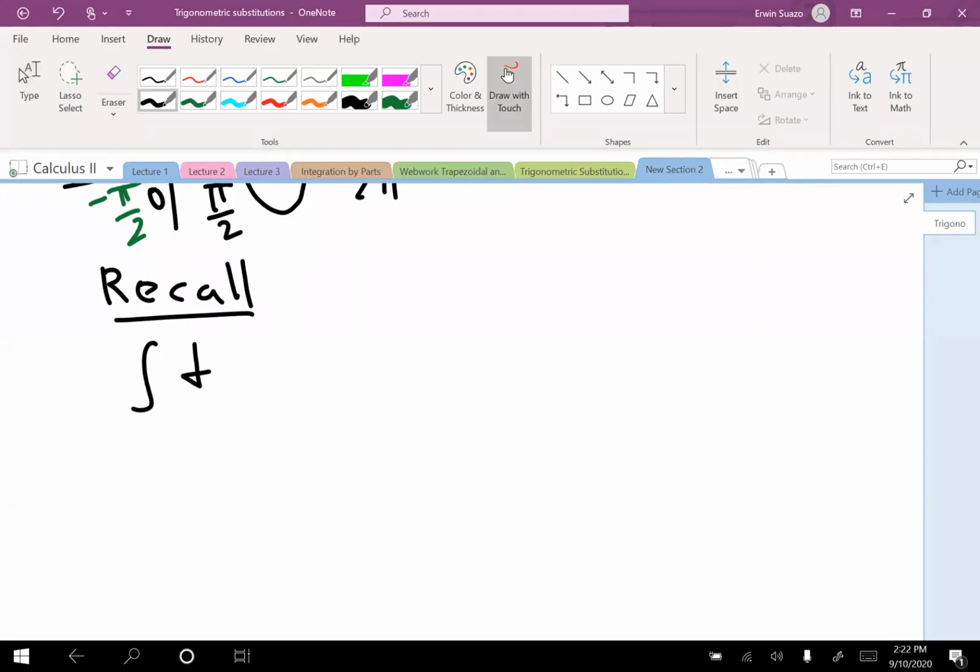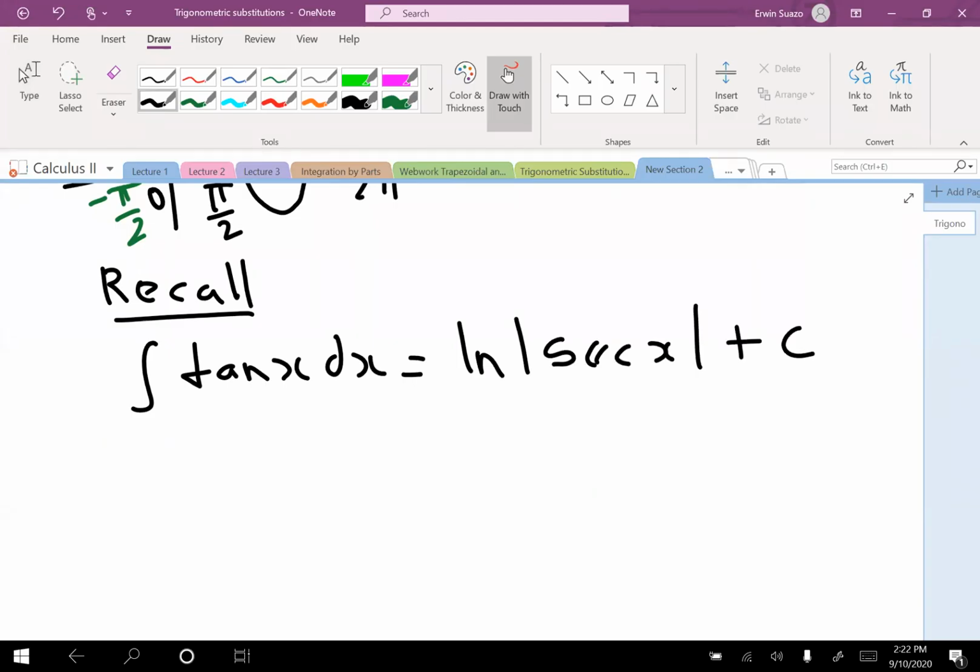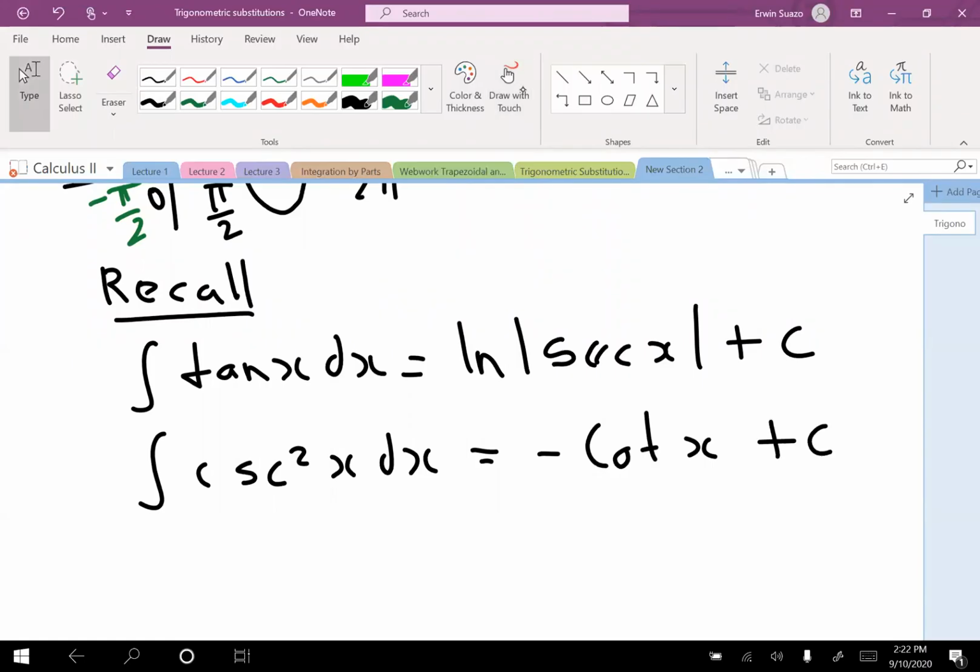The integral of tangent of x is ln of the absolute value of secant of x. This is in the table of formulas that I gave you already. The integral of cosecant squared, and they're not difficult, you can solve these integrals with substitution, is minus cotangent of x plus c.